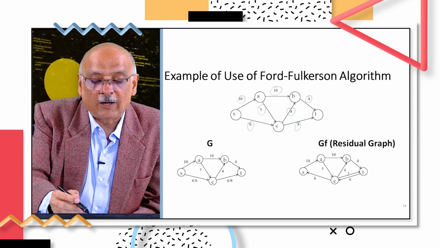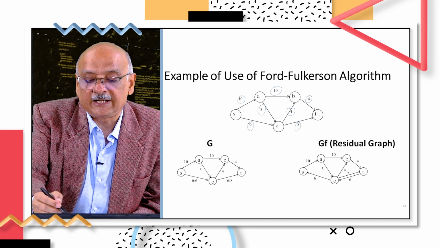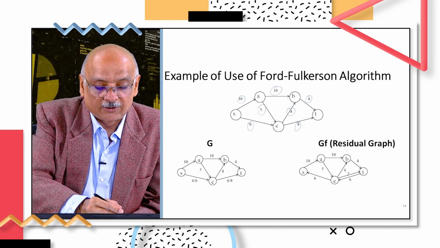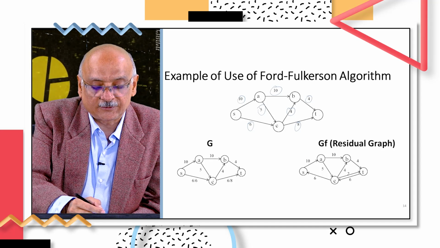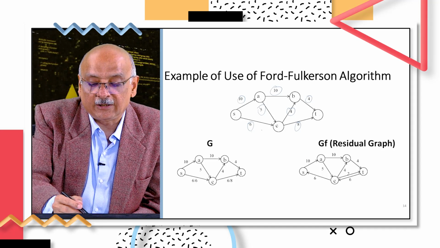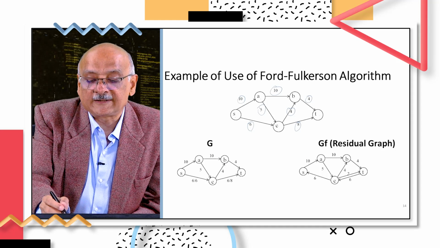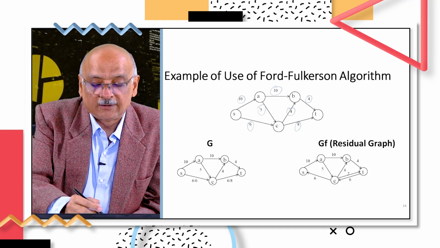All right. Now, what happens? We start with the path which can take the maximum capacity. We find that S to C and C to T can take a capacity of 6 here and 8 here. So, what is the minimum of these two values? 6.